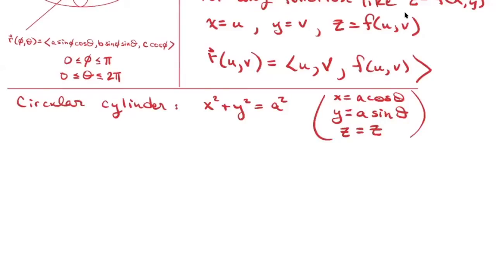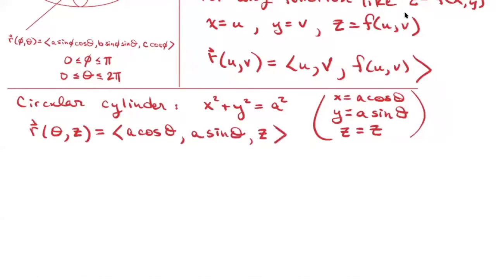So when you write this as a vector function, you'd have an r of theta and z, okay? And x being on the circle would just be a cos theta, and y would be a sine theta, and z would just be z, okay?